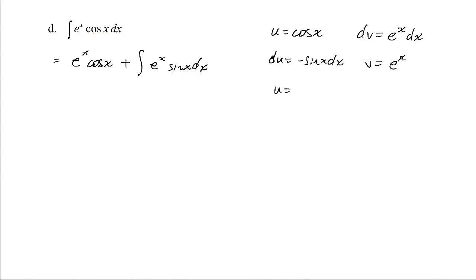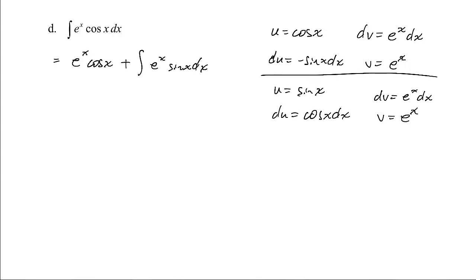So I'm going to let my u be, I'm going to keep it consistent and do my trig function again. If you don't keep it consistent, you're actually just going to come out with 0 equals 0, and it won't really help you at all here. All right, so this is the second time I'm having to do integration by parts on this problem.